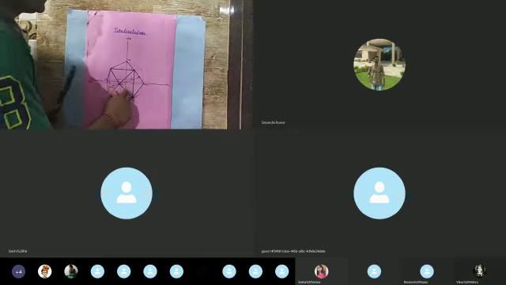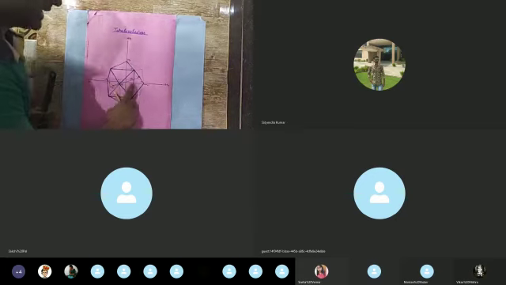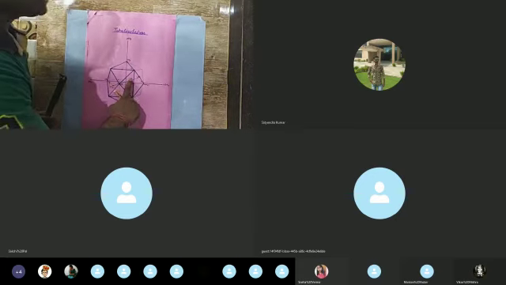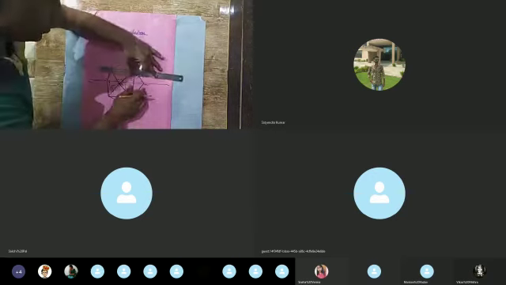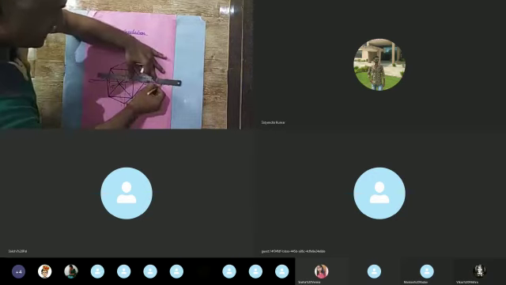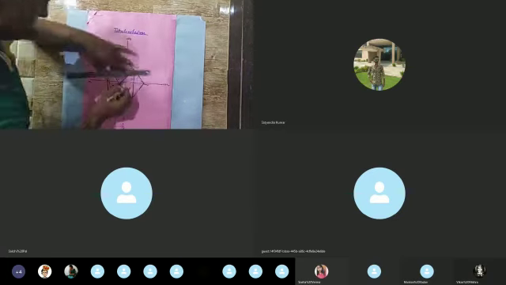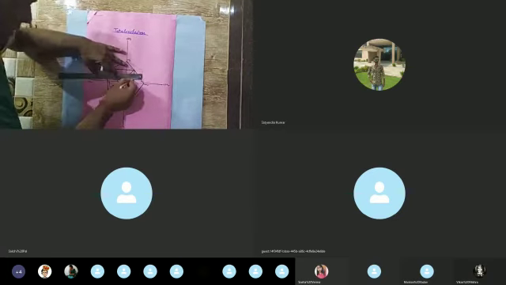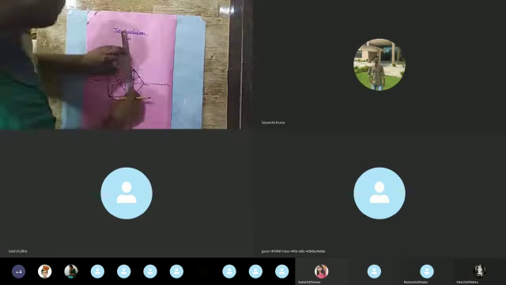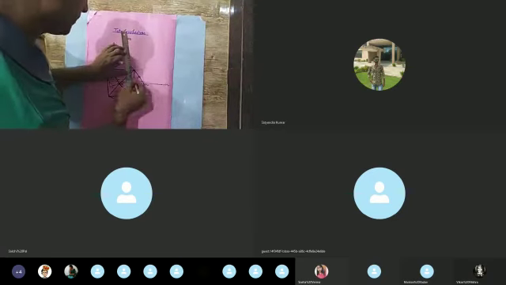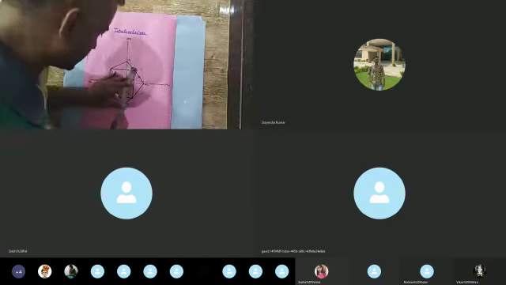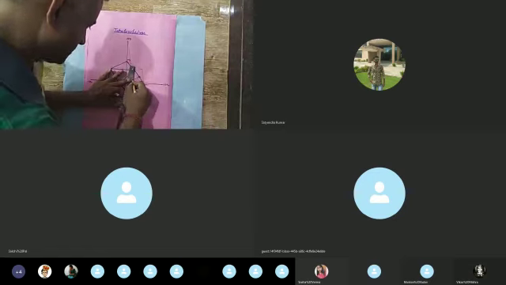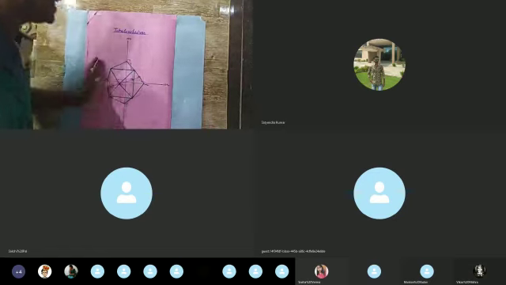On the right side, first of all, we will join minus A1 with plus twice A2, minus twice A2, plus twice A3 and minus twice A3, just like the left side.